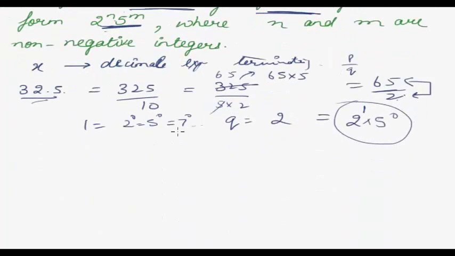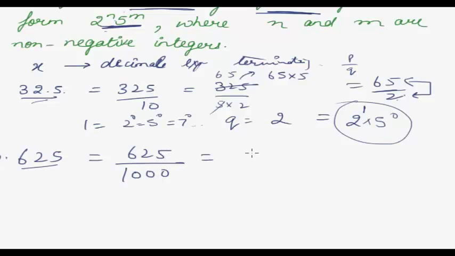Let us have one more example, say 0.625. Again, the simpler way to represent it in fractional form is by removing this decimal and putting 3 zeros with 1, that is 3 tens in their product. Now 625 is nothing but 25 square, whereas this 1000 is nothing but 10 into 10 into 10, and 25 is 5 square.